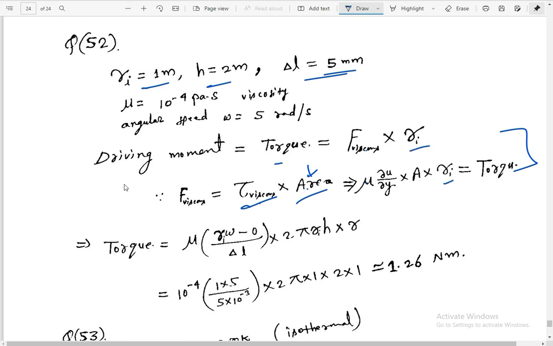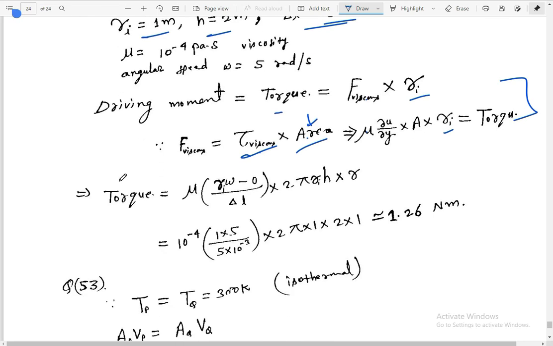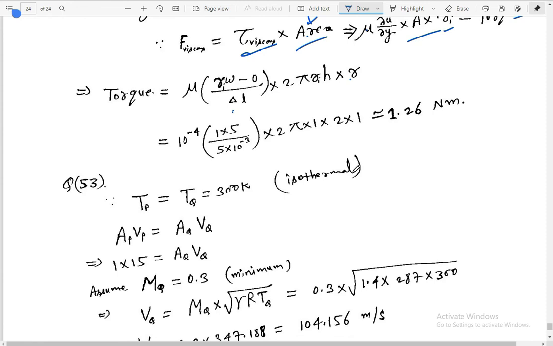So finally I know torque is equal to mu, change in velocity, that is r omega, the rotational velocity, r omega, and initial is 0, over the gap dy, dou y, that is the gap delta L. Area is 2 pi rh, the perimeter of that cylinder times height, 2 pi rh into r. Just apply all values and finally we'll get 1.26 Newton meter.